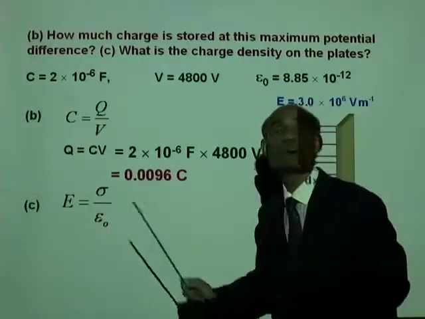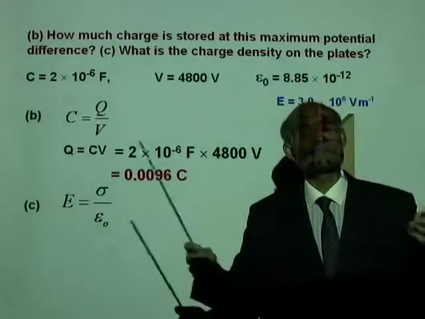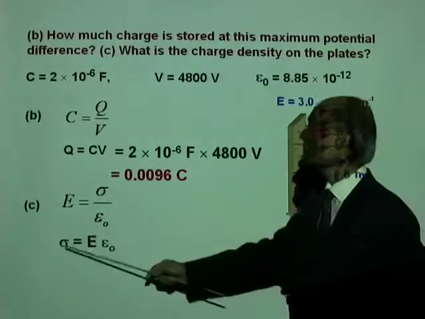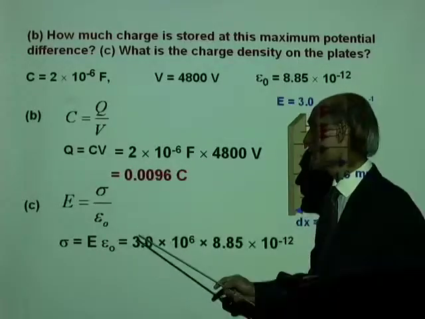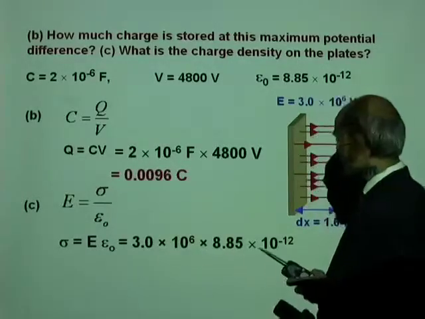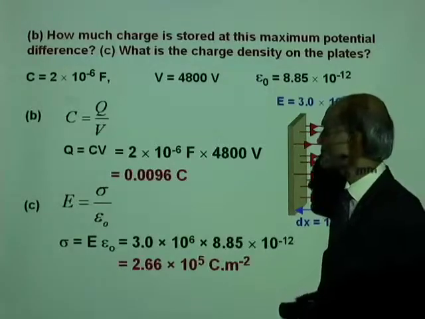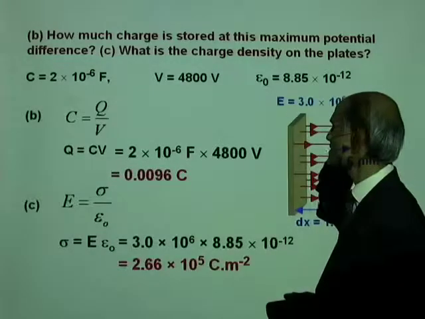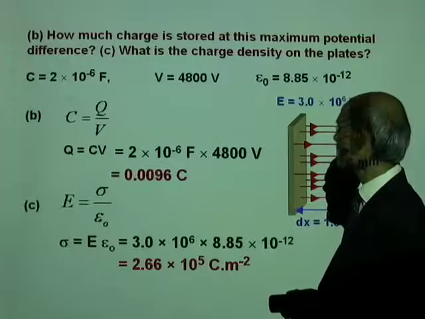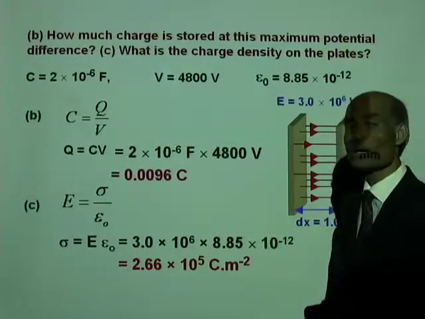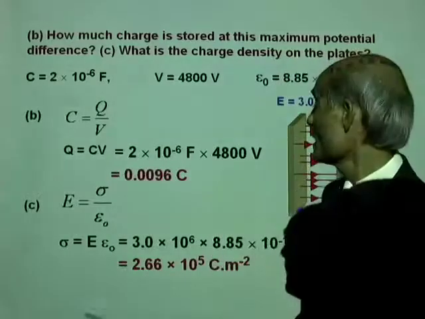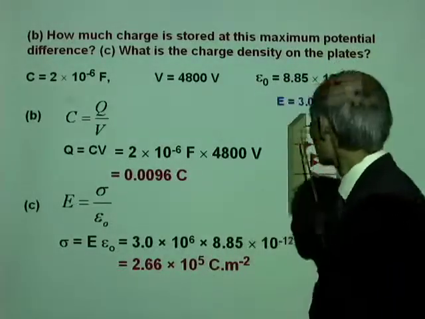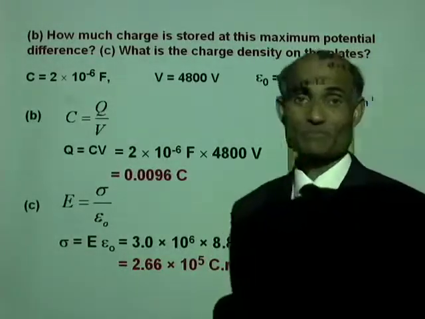And of course we know epsilon naught, we know it every time. Therefore sigma equal to E times epsilon naught, that is 3 times 10 to the 6 times epsilon naught, gives you 2.66 times 10 to the 5 Newton per meter square. And that is the charge density on the plates.